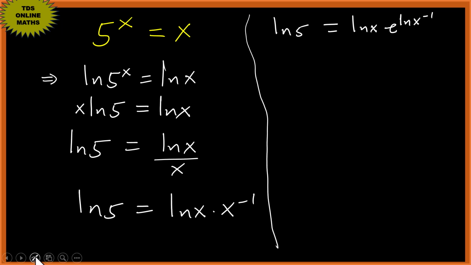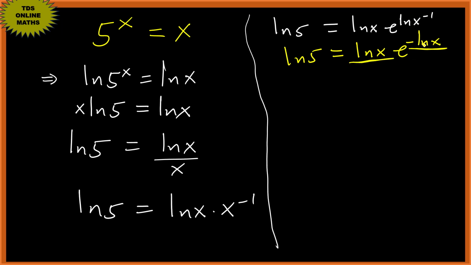Now let's record something here. This one becomes the power rule, so I'll get e raised to minus ln of x. In going back, it will be here. Now remember, before you can take the Lambert W function, you have to make sure what is at the exponent here is the same as what is here.